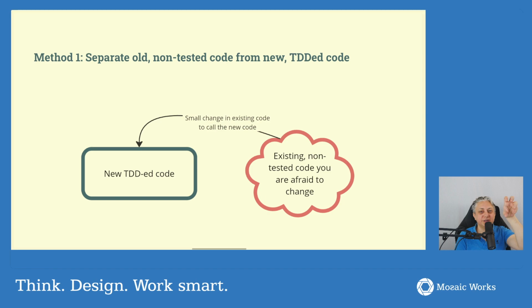The advantage is that you start having tests for part of your code. The disadvantage is that, as I said, you might need to duplicate some behavior. And so if there's a bug in that behavior, you might need to update your code as well. So change in two places instead of in one place.